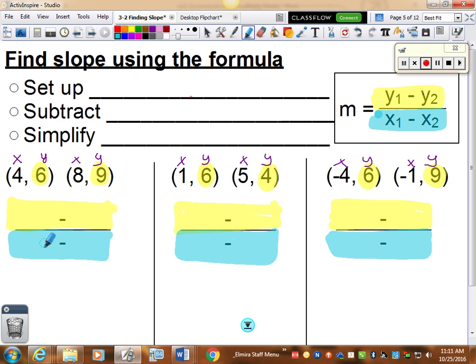Which ones are the x values? The first numbers. Feel free to use highlighters on your homework to help you set this up right. So setting this up, first we're subtracting our y's and x's.